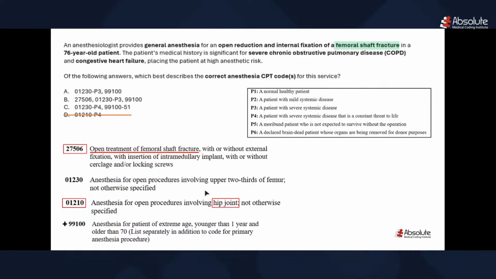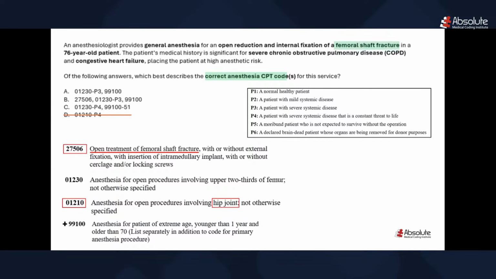Now let's see what's next. Option B is coding for 27506. That is for open treatment of femoral shaft fracture, right? So you have to be a little bit forensic here, coder. Here at AMCI, we always say read the last portion of the question first. You have seen we also practice that while doing the scenarios. We always read the last portion of the question because that gives us an idea what we are looking at.